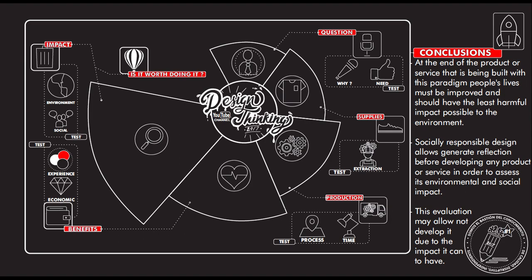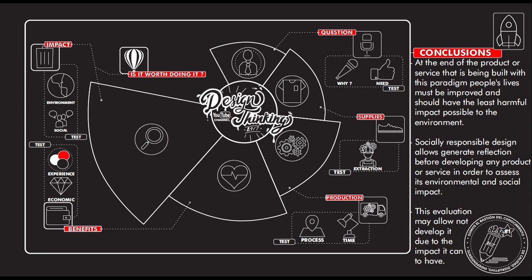As a conclusion, we can say that a product or service that is built with the paradigm that people's lives must be improved should have the least harmful impact possible on the environment. That is very important. Socially responsible design allows you to generate reflection before developing any product or service in order to assess its environmental and social impact. This evaluation might lead you not to develop it due to the impact it can have.